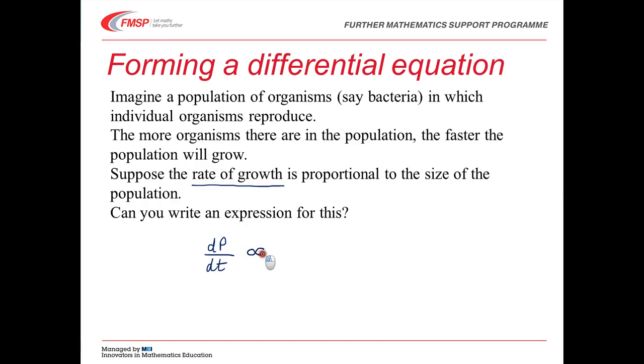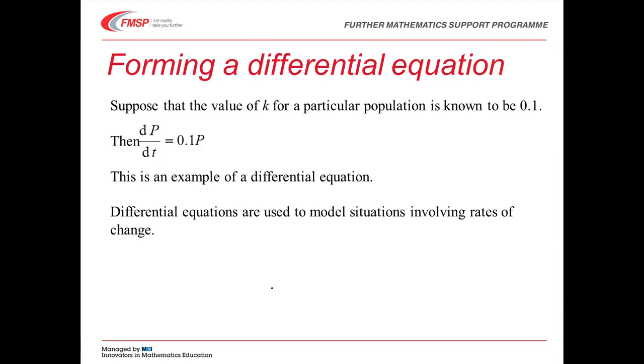And we're told that this is proportional to the size of the population, so it's proportional to P. And you'll remember from GCSE that that means that dP by dt is equal to k times P for some constant of proportionality, k. Maybe you know what k is, so for a particular population it might be known to be 0.1, and that would give us dP by dt is 0.1P.